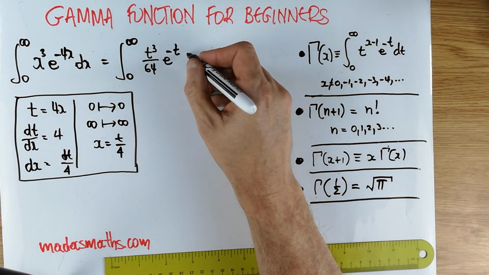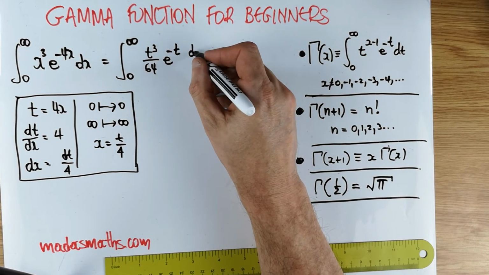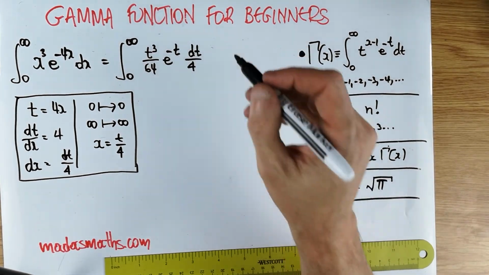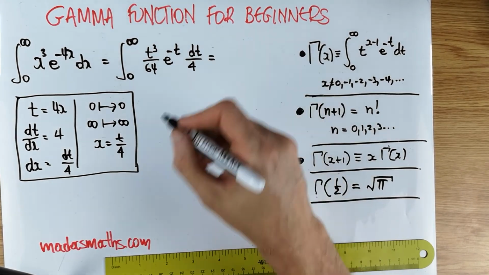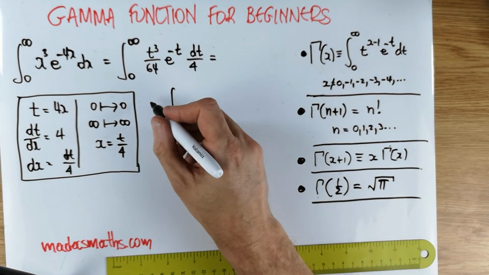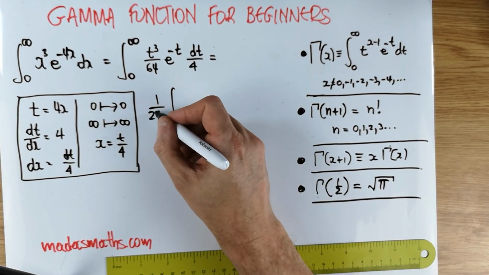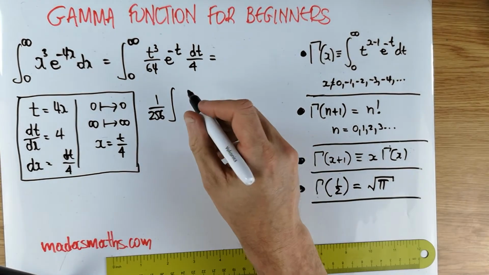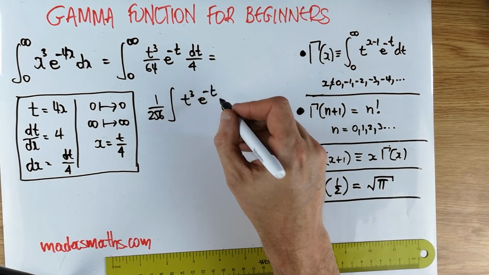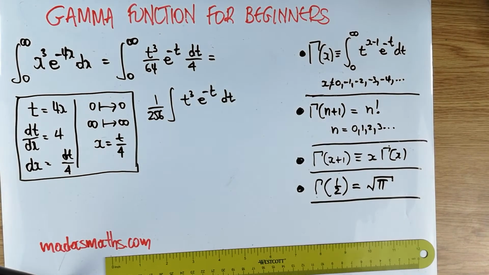My dx is dt over 4. Let's tidy this up. We're going to get 4 times 64 is 256. So 1 over 256 outside. So t cubed e to the minus t dt.